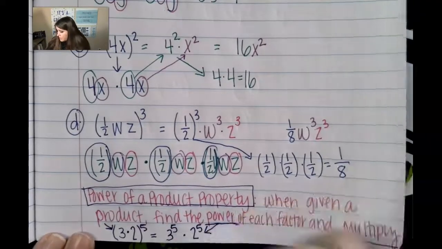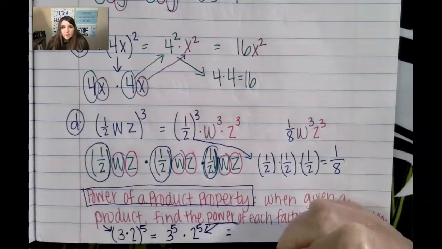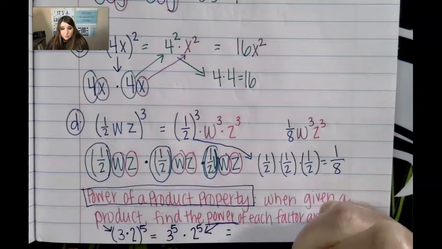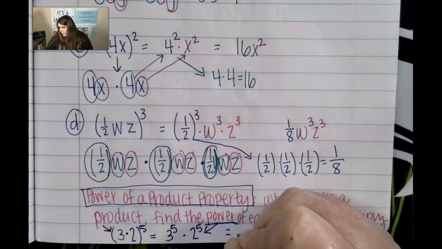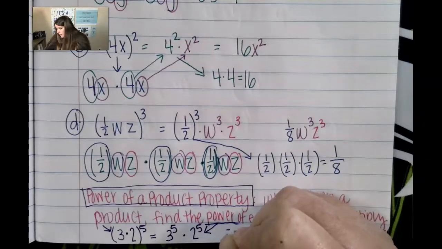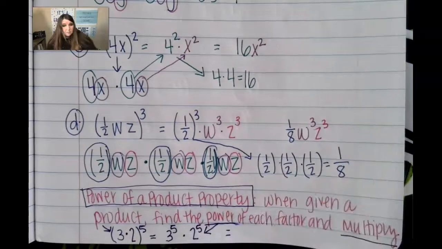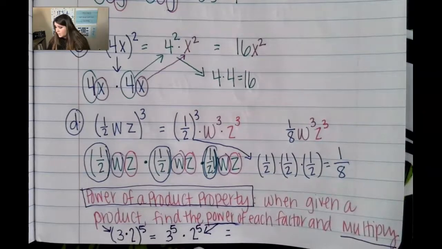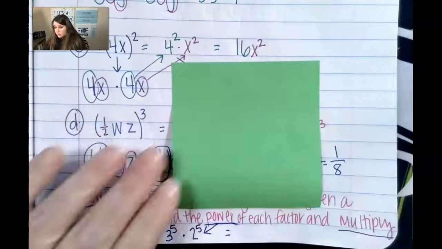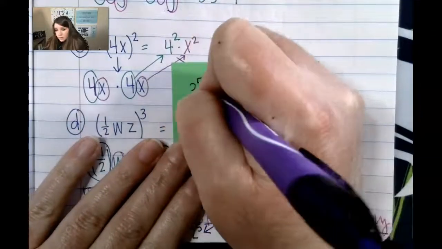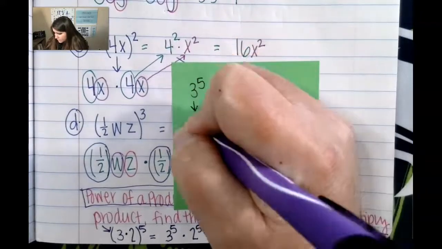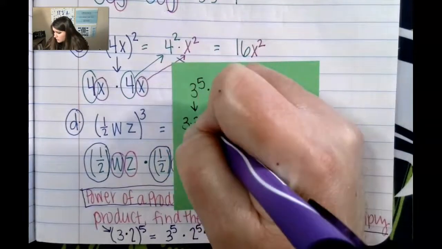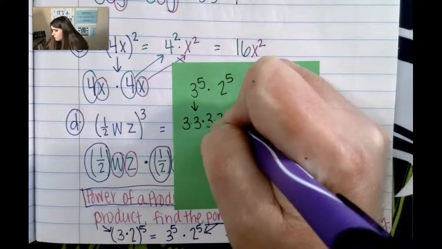So 3 to the 5th is like saying 3 times 3 times 3 times 3 times 3. So 5 times. So 3 times 3 is 9. I can't do this in my head, so I'm just going to get a Post-it because I'm running out of space here. Okay? So if I had 3 to the 5th power times 2 to the 5th power, I'm just going to break this down as 3 times 3 times 3 times 3 times 3.